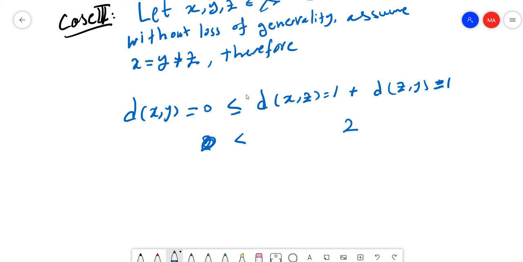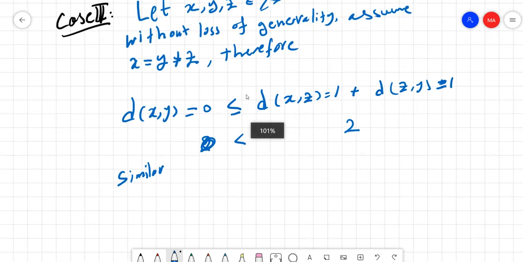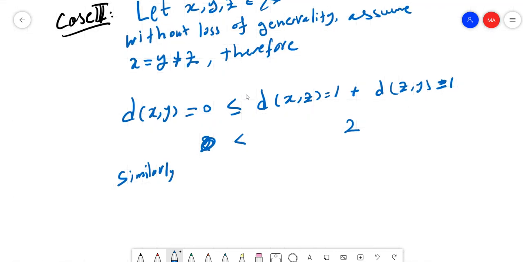What if one chooses x equal to z, not to y?